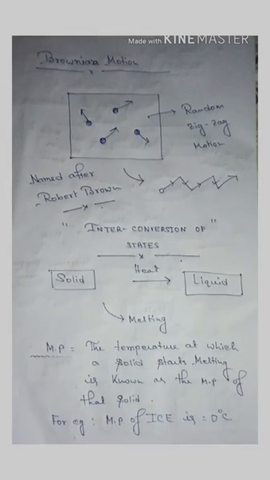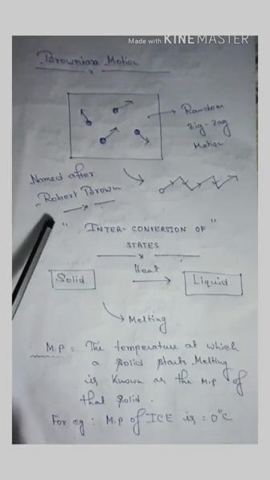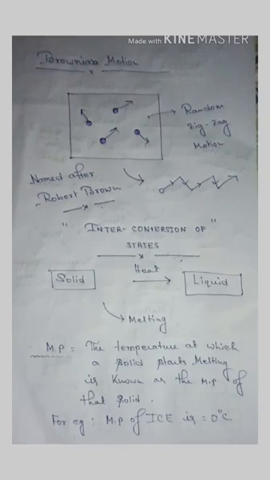Actually it moves in zigzag motion. The molecules do not have any attraction force, so they move randomly everywhere. So this type of motion is called Brownian motion. This name is named after the scientist Robert Brown. So the motion is called a Brownian motion.